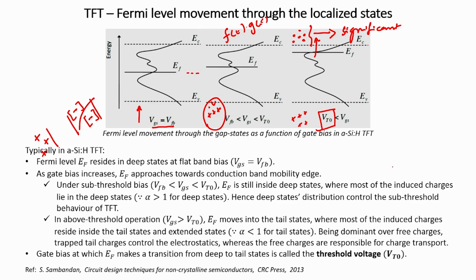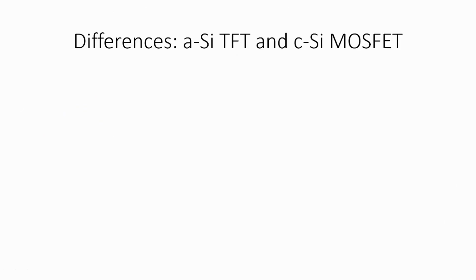So, look at the clear difference between the operation of a MOSFET and that of a TFT. Let us spend some time looking at this difference. In the case of crystalline silicon MOSFETs, what defined our threshold voltage? We had a gate and an insulator, and when we drew the band bending diagram, since the band gap was very clean, the conduction band could move towards the Fermi level very freely.